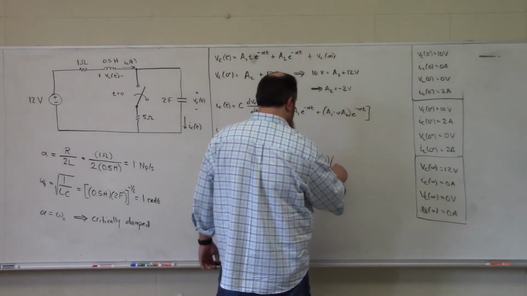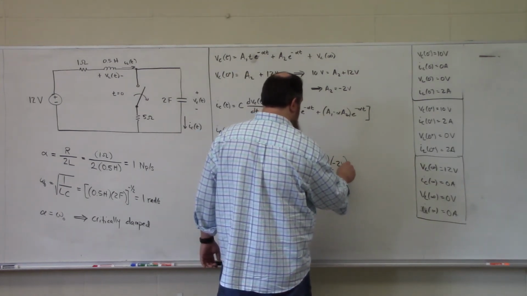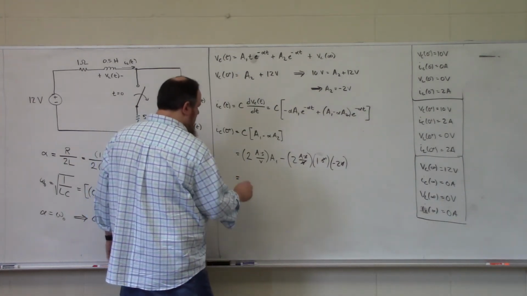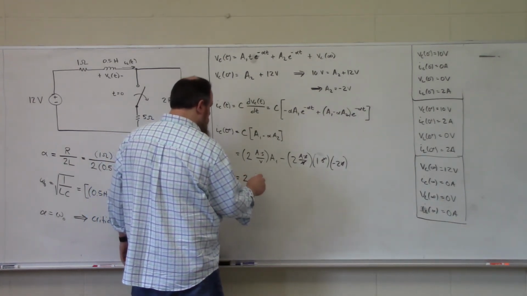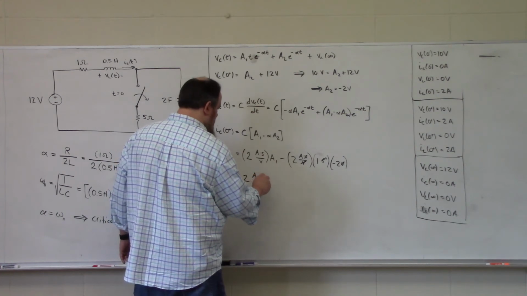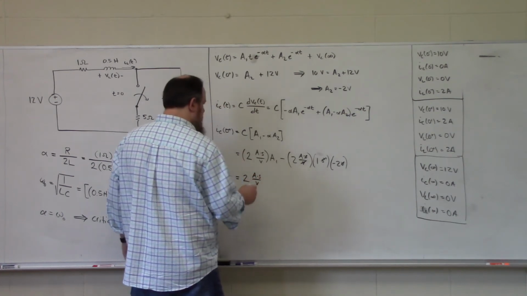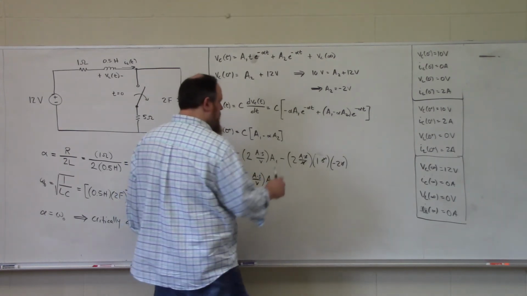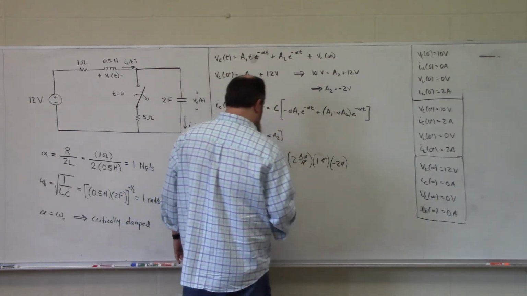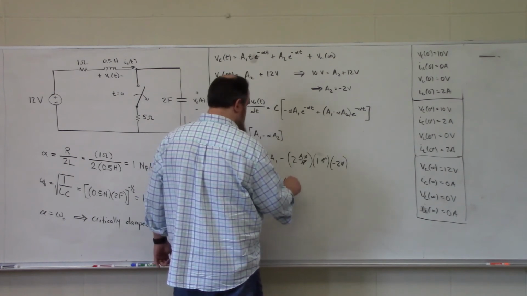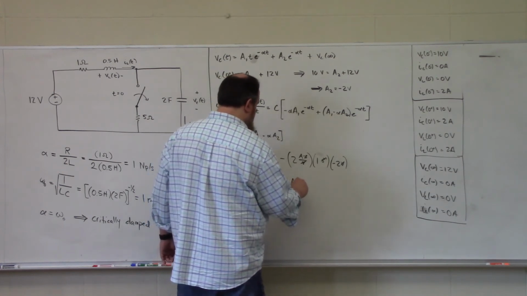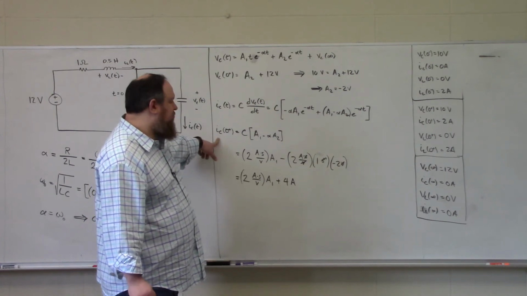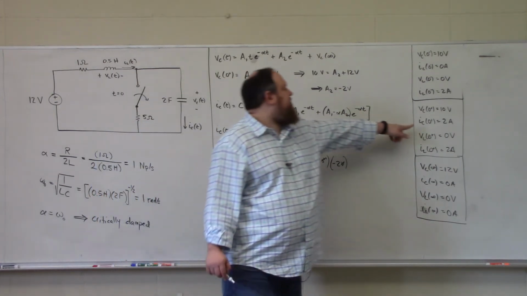A2 is negative 2 volts. Volts cancels here. So we see that we have 2 amp seconds per volt times quantity A1. Negative 2 times negative 2 is plus 4 amps. And this is going to be equal to IC at 0 plus, which is positive 2 amps.